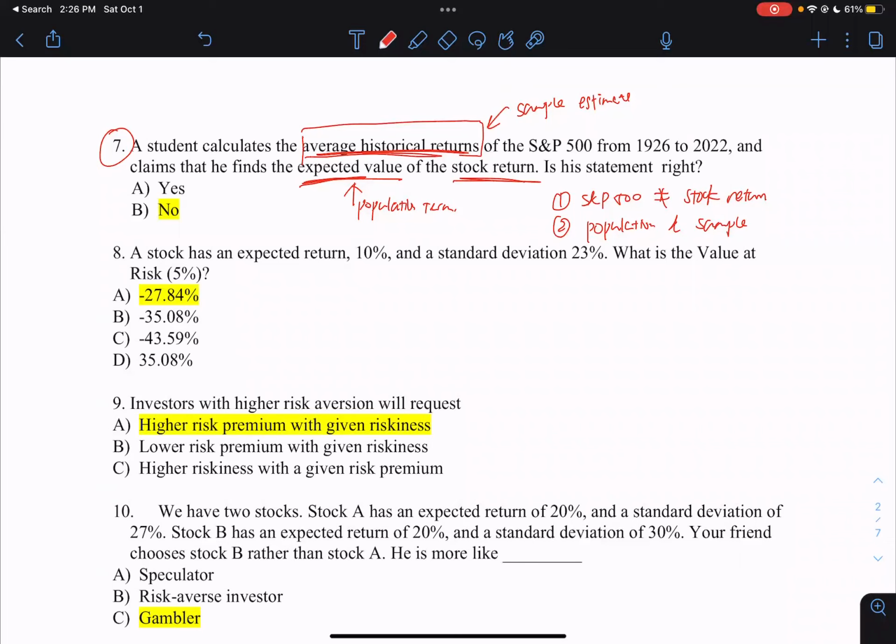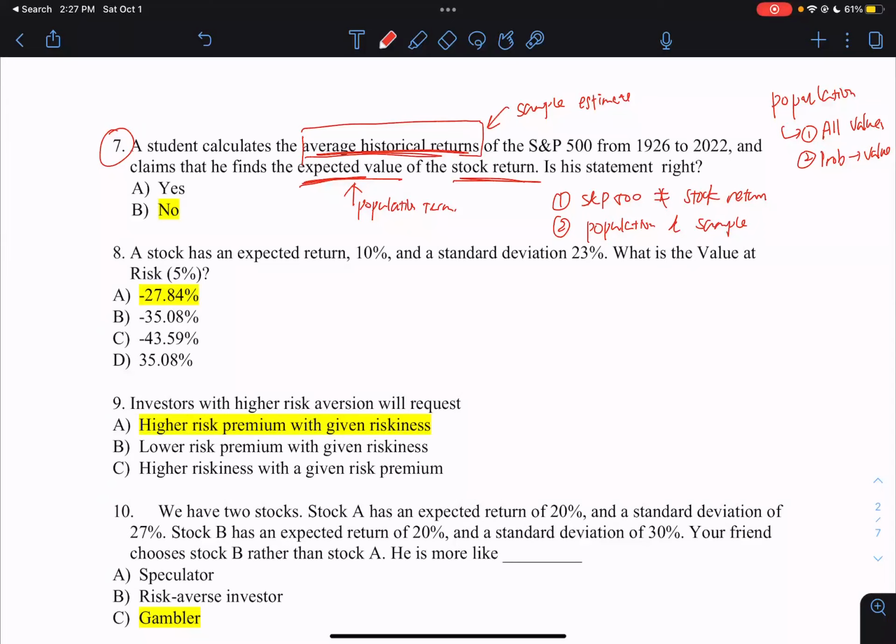Do you remember in class we said for population, you have to know first all the possible values, right? Yeah. And second, the exact probability of each value. Oh yeah, so since we're not able to know all these values, it is impossible for him to find the exact expected stock return.